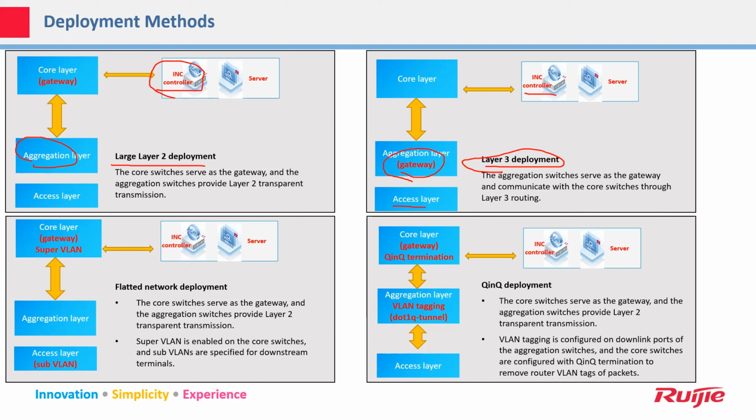So there should be routes on the core devices to allow communication between the INC controller and the devices. Besides that we have flattened network deployment and Q-in-Q deployment. These two methods are supported but not commonly used. What you should know is the first two types, layer 2 and layer 3 deployment.